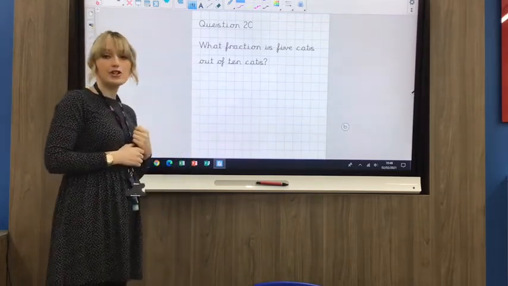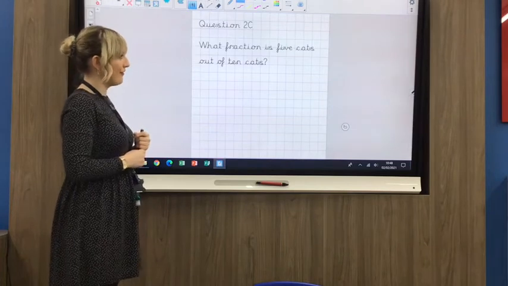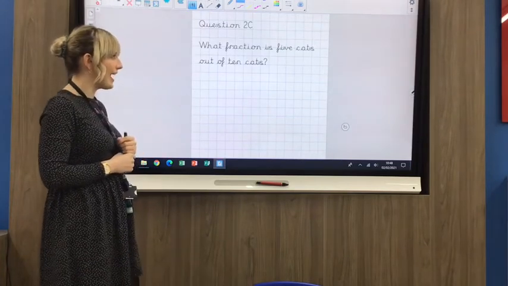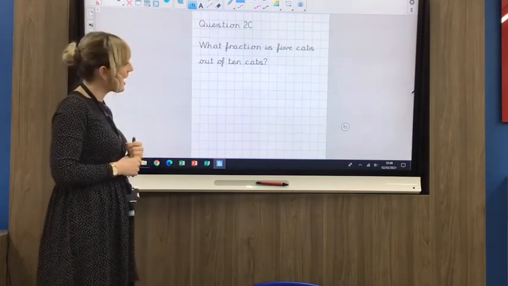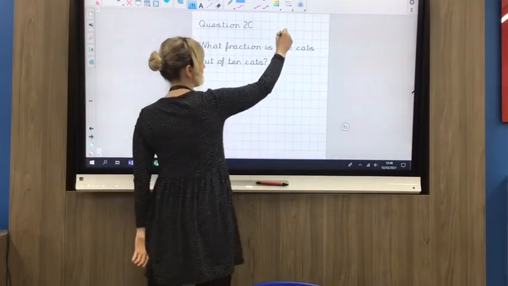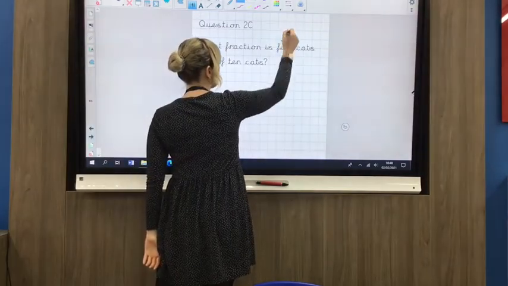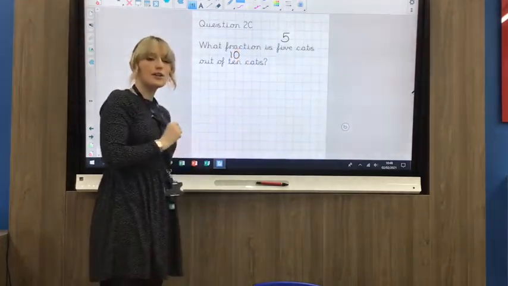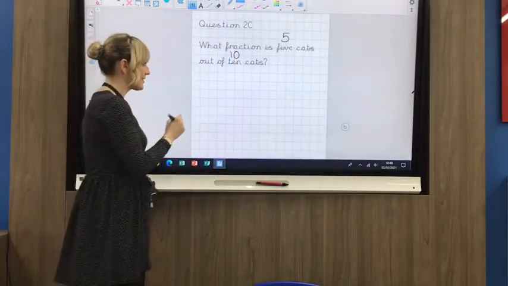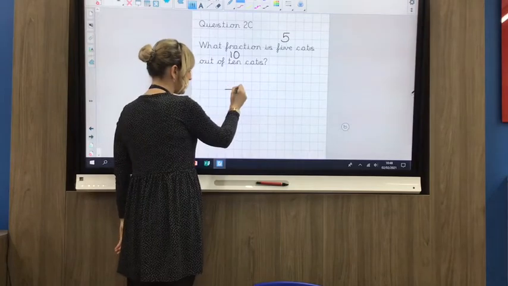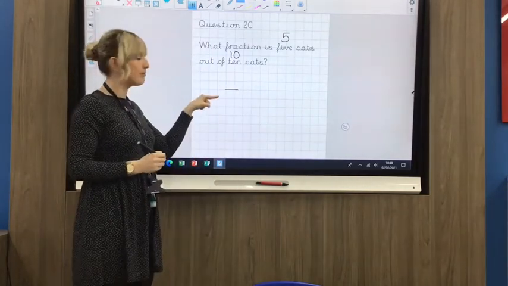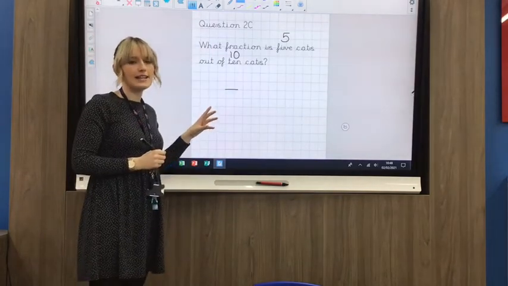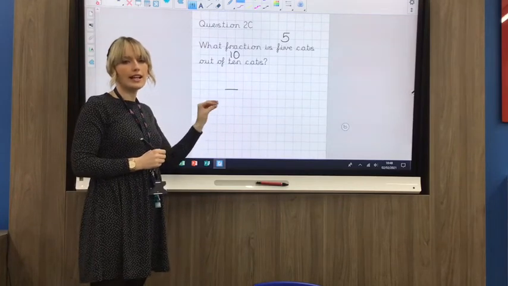So let's look at question 2C. What fraction is 5 cats out of 10 cats? So I've got 5, I'm going to put that number above, out of 10 cats. So when we're doing fractions, our denominator, so our bottom number, is how many we've got all together.